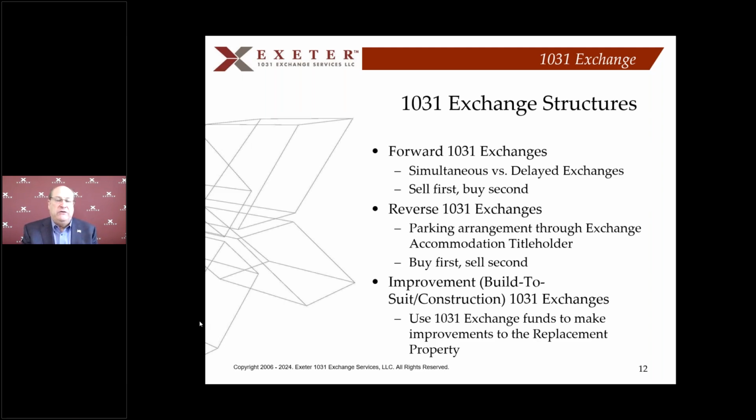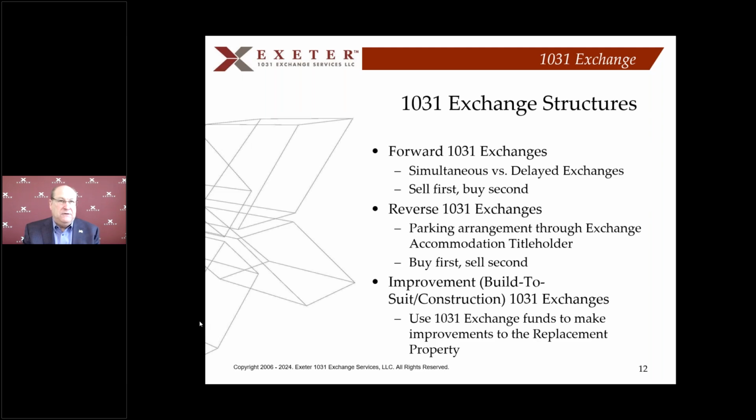The forward exchange is where you are selling first, and then you reinvest and buy your replacement property second. The reverse exchange is the opposite. You are buying your replacement property first. You're actually closing on the purchase of your new replacement property, and then you're selling your current property, your relinquished property, later.